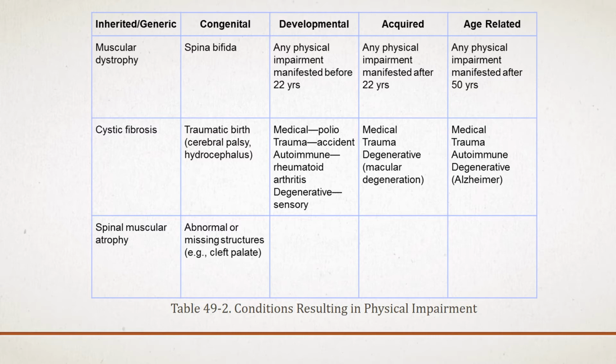Medical trauma may lead to degenerative macular degeneration. Age-related, this is any physical impairment manifested after age 50. Medical trauma, autoimmune, or degenerative diseases such as Alzheimer's.